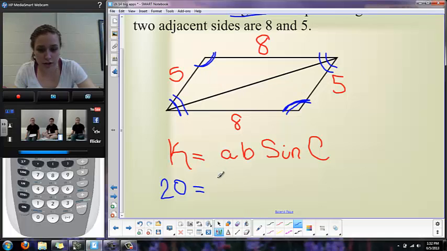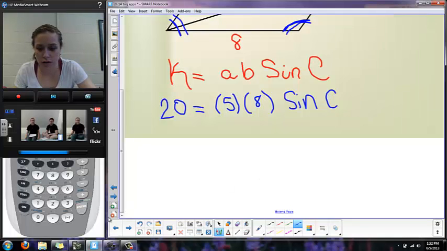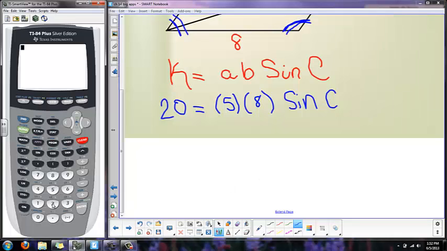So let's do side 5 times 8, and that's going to be sine of C. I'm going to do 20 divided by 5 times 8, which I know is 40, but 20 divided by 40 is 1/2, so sine of C is equal to 1/2.